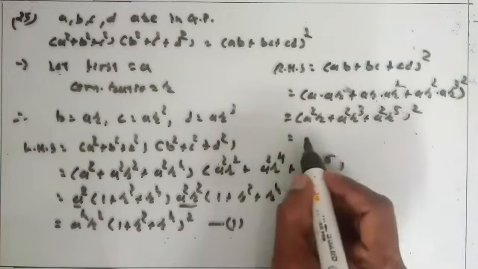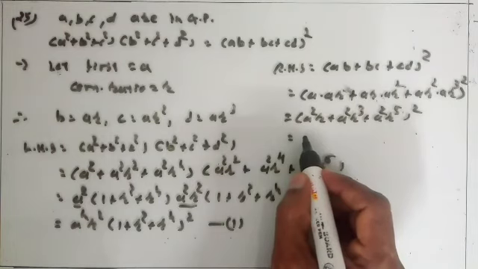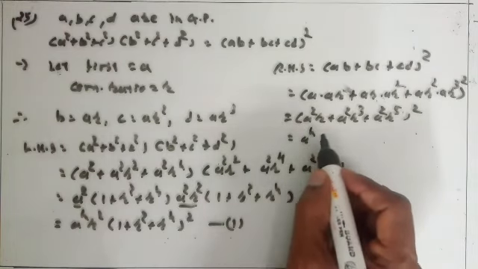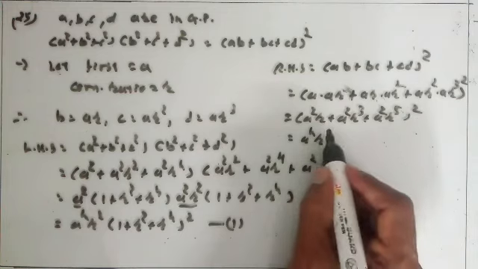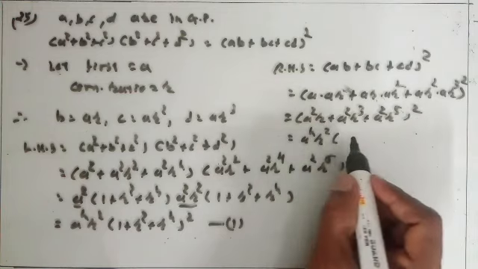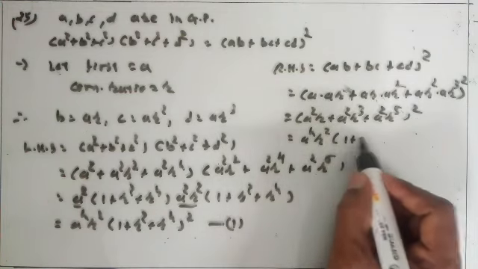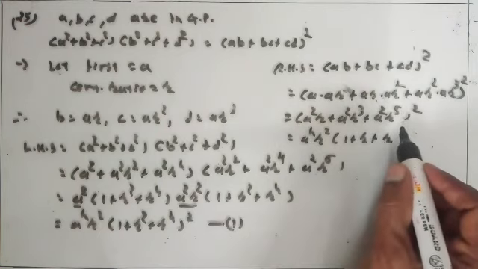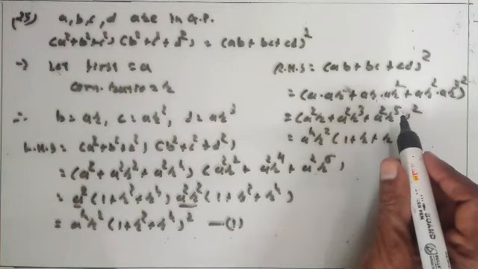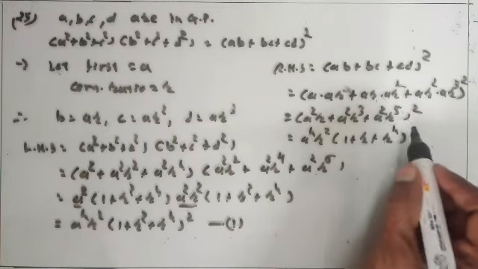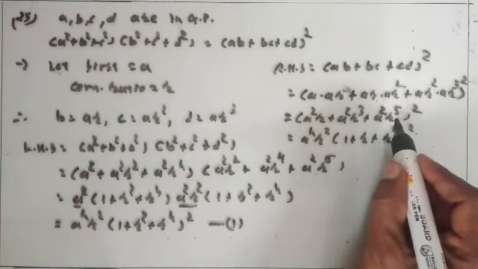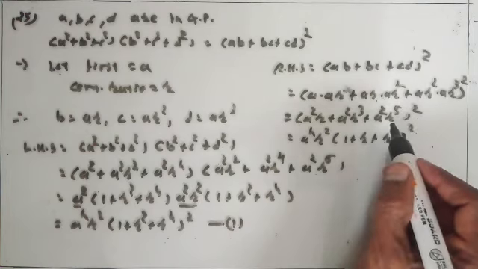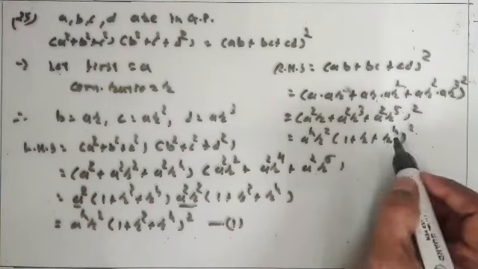So (A²R) raised to 2 is equal to A⁴R². Then take R² common, so here we get (1 + R² + R⁴) raised to 2. Here R take common, so R⁵ upon AR, that is R⁴.